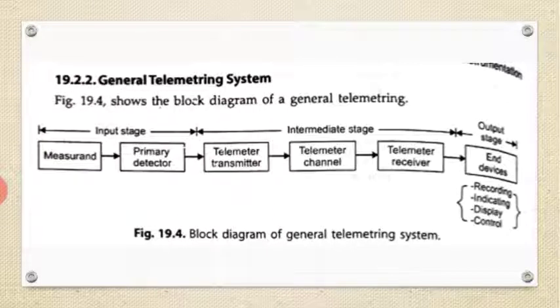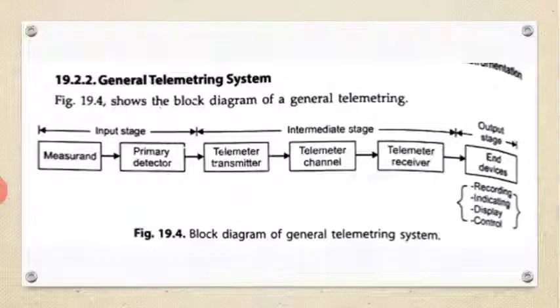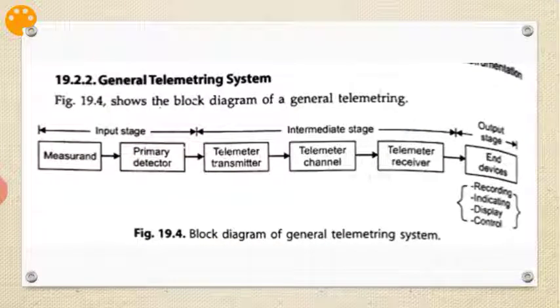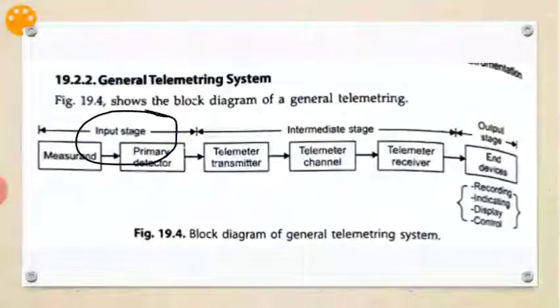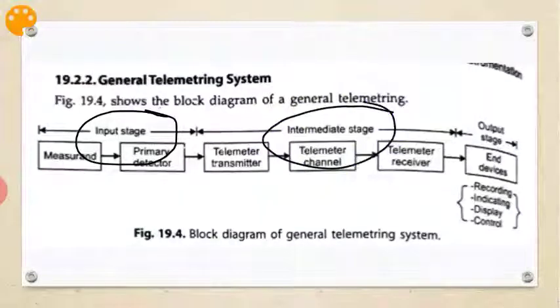This is the general telemetry system. It shows the block diagram of the general telemetry system. In this block diagram there are three stages: first the input stage, second the intermediate stage, and third the output stage.